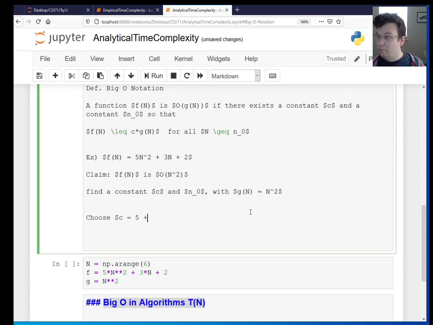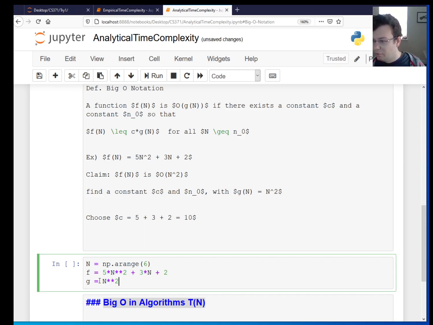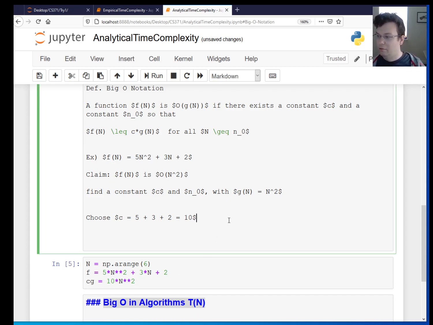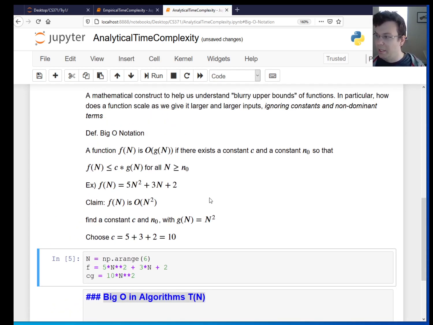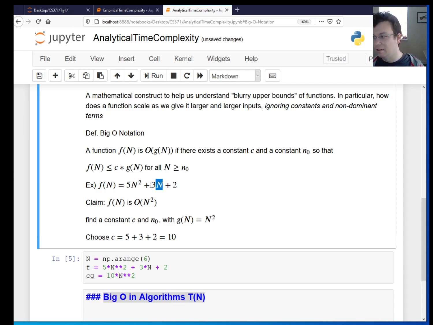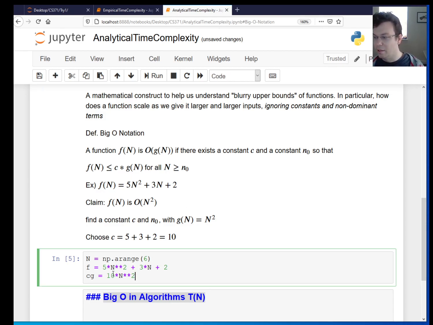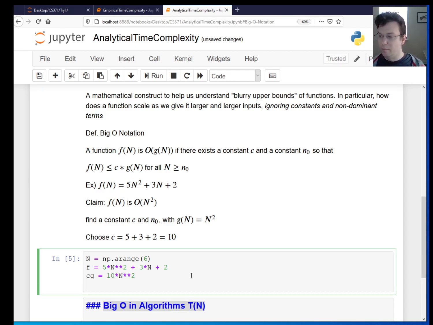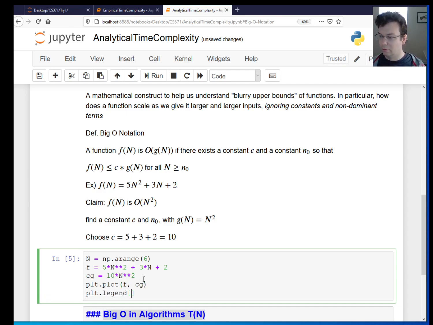So c is 5 plus 3 plus 2, which equals 10. So my constant times g is 10 times n squared. My strategy is to pretend that this n is an n squared and that this 2 is an n squared. I come up with a constant of 10, and my claim is that beyond some value, this is going to be greater than or equal to f. Let me put my plot legends here.